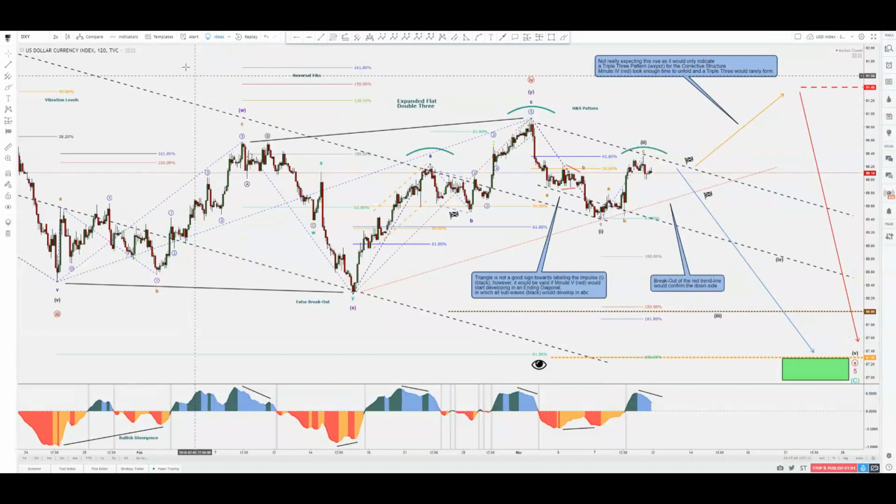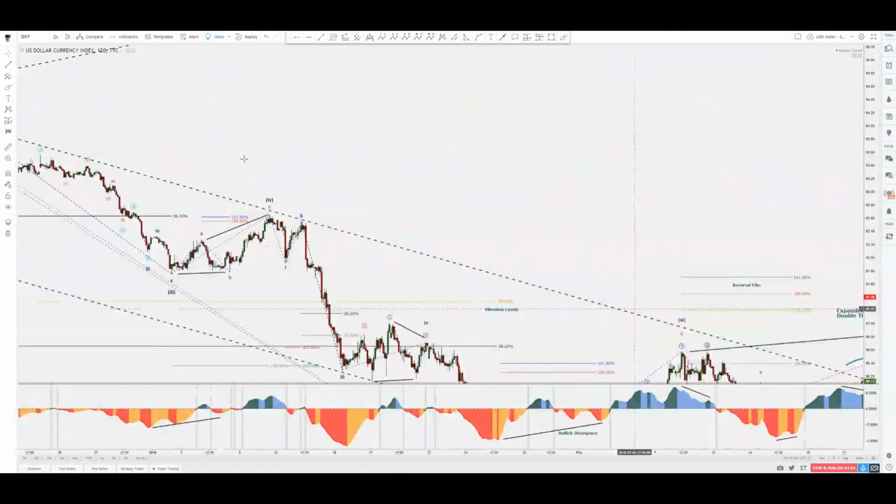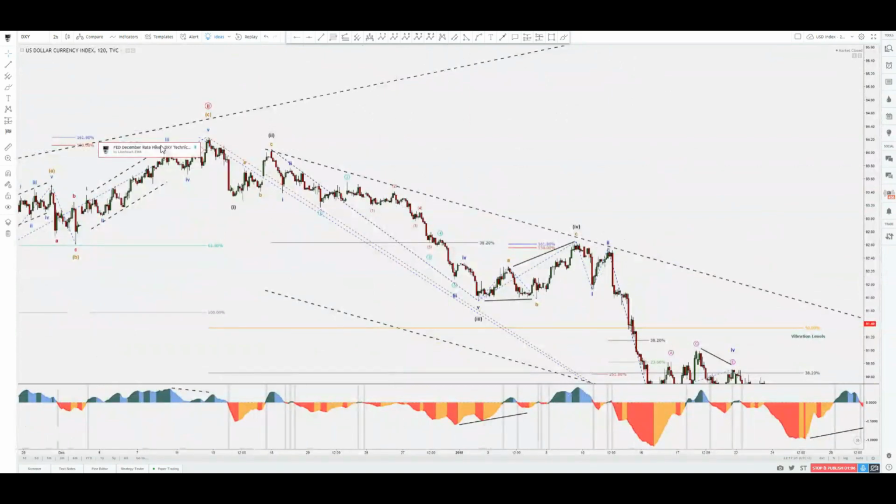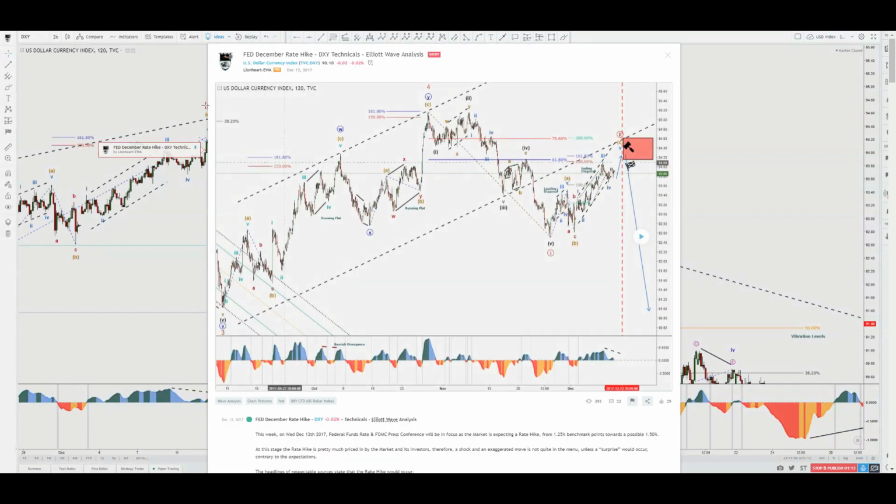So let's go to December 12th, the view that I had on the formation for the second wave, doing an ending diagonal and a bearish divergence, just like you guys see it right here.